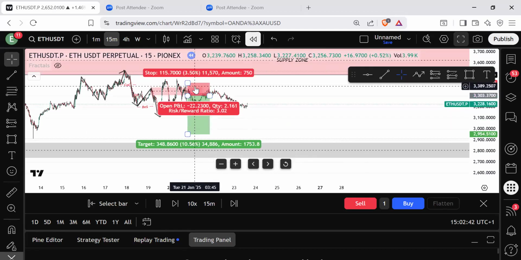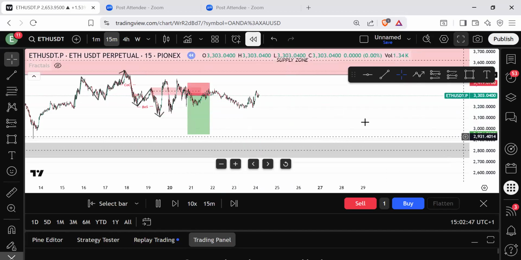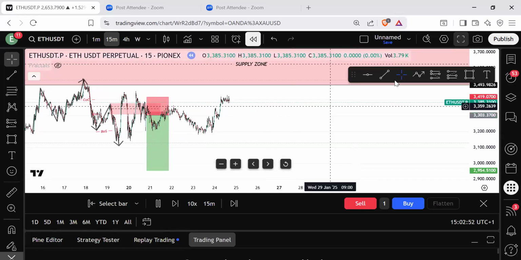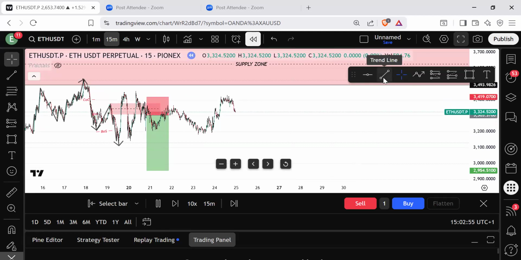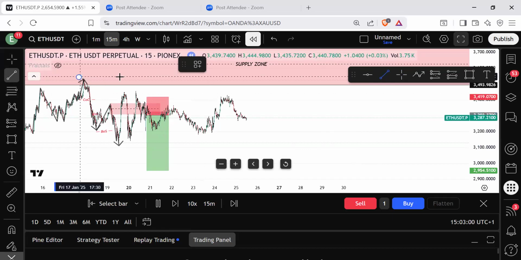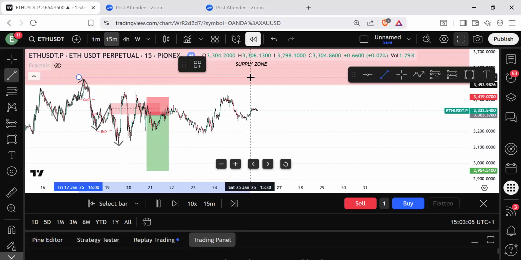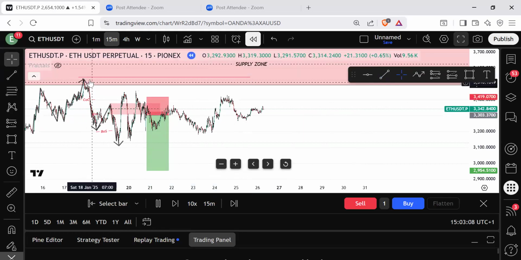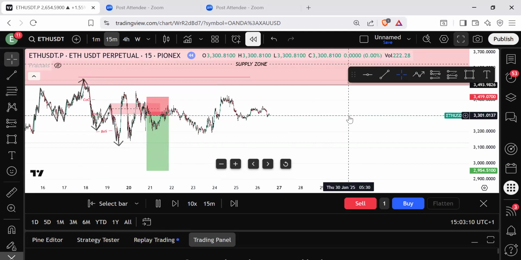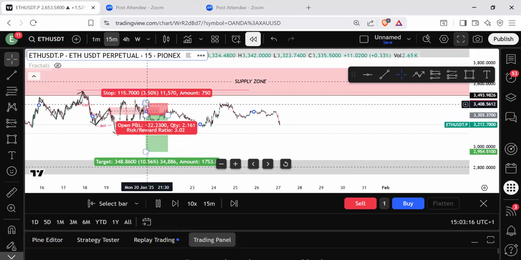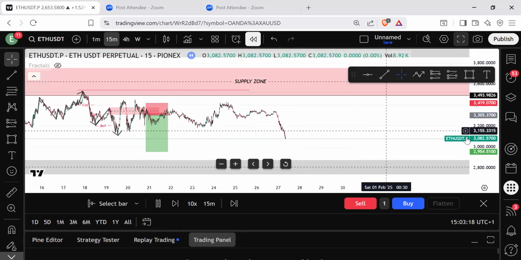So you can see that price did not break here. It didn't break that area.